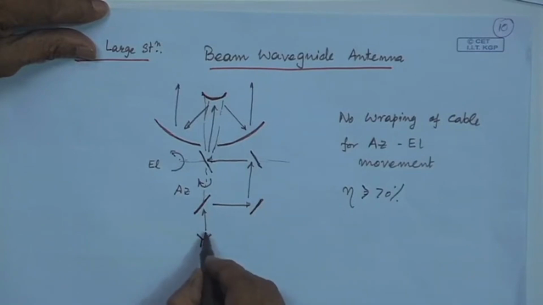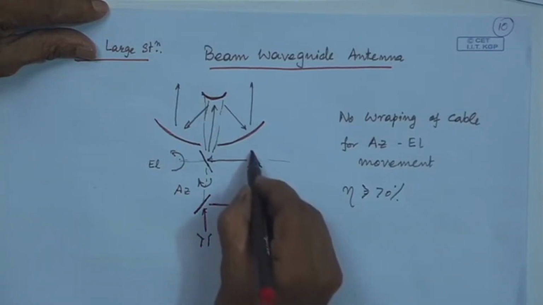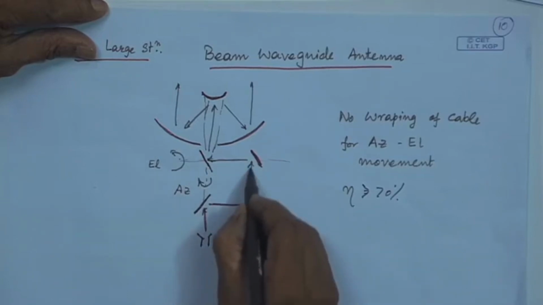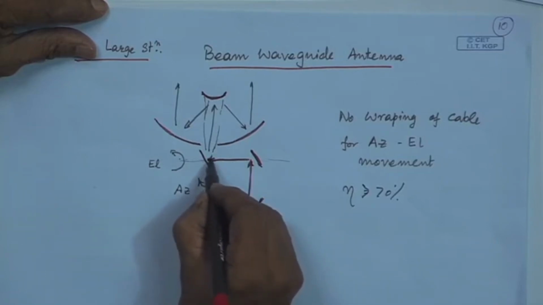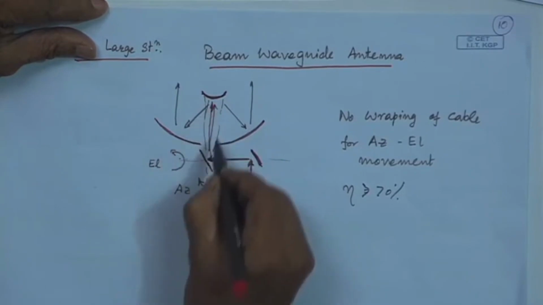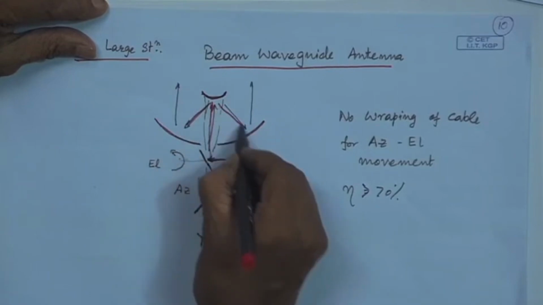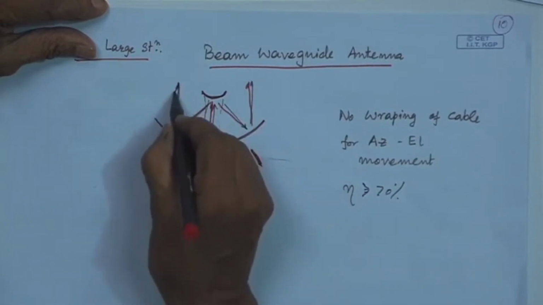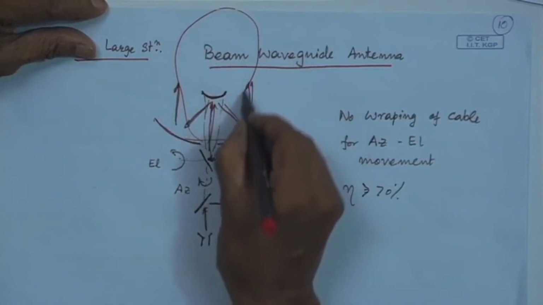So the power goes from here, gets reflected from here to there, and then goes to another pair of small sub reflectors, goes like this, and then it goes out through this hole at the center of the primary reflector, goes to the secondary reflector, and like this it goes out. So our final beam is like this.